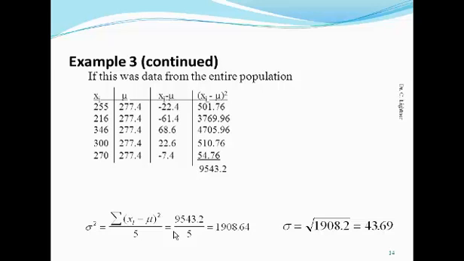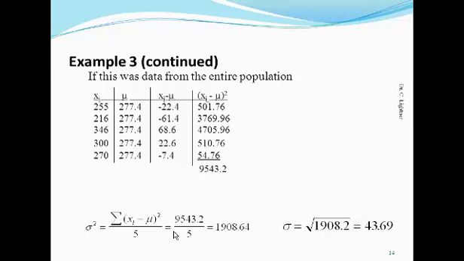If these data values represented population data instead of sample data, our process would have been very similar. We would have set up a table, putting all of our x i values in the first column. In the second column, we would have called it our population mean, but the value would have been identical. In the third column, we still would have taken the difference between the x i values and the population mean to get the same values for our third column. In the last column, we still would have summed up all of our values.